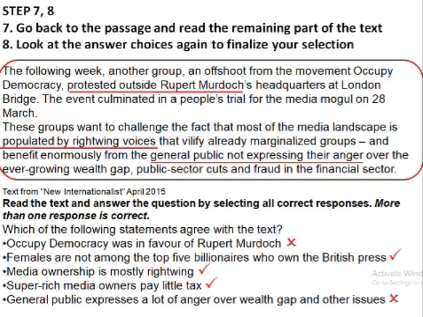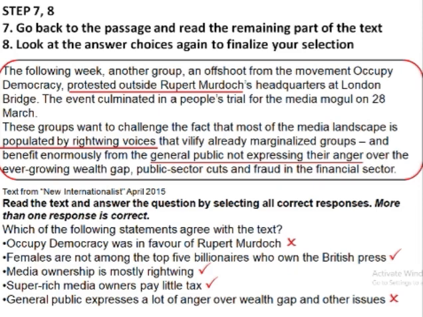Now, because we have already gone through the choices, we can see something that we were looking for has come up, and they are saying protested outside Rupert Murdoch. If they protested against somebody, they are not in favor of that person. So the first choice is incorrect. Then they are saying populated by right-wing voices.